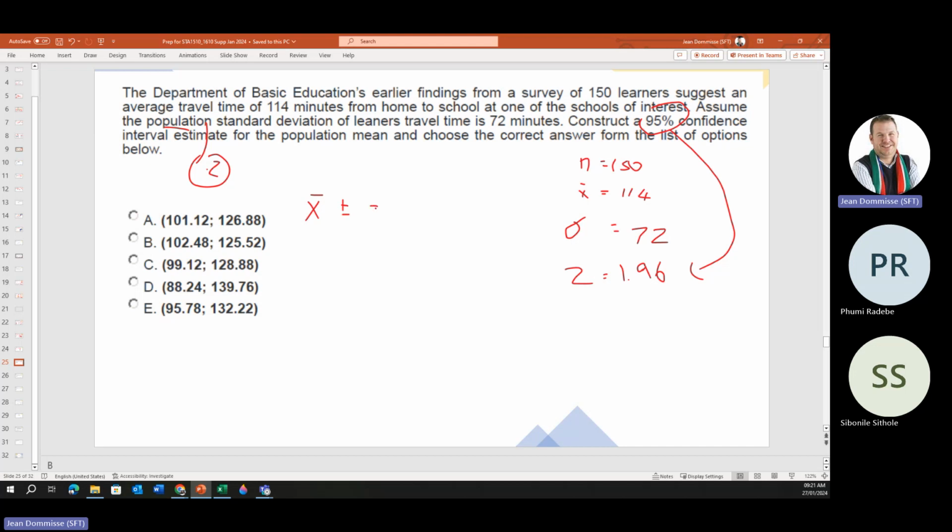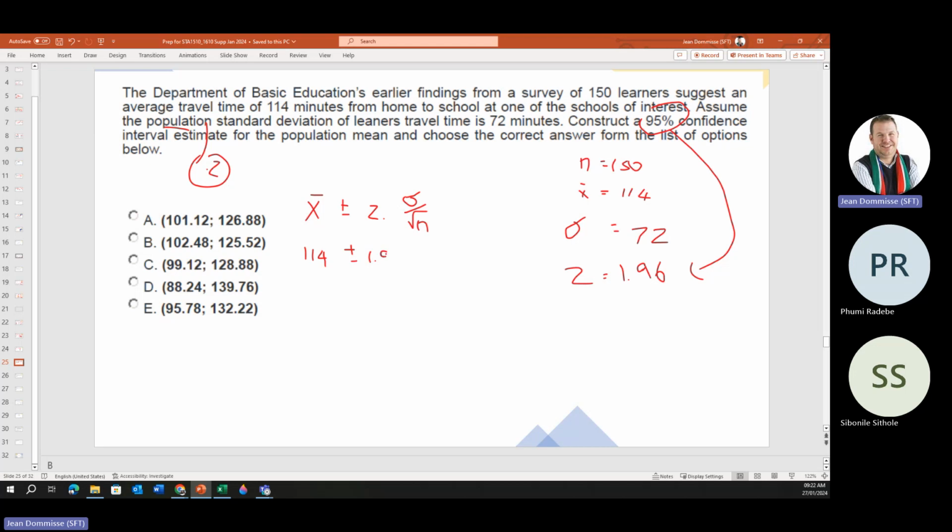So the formula is your mean plus minus Z, and your Z you normally will times with your standard error. Okay, so we've got the X as 114.